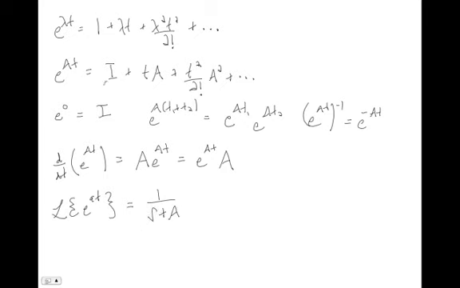Well, if we do a term by term Laplace transform of this matrix exponential e to the At, where A is an n by n matrix, we'll find that it ends up being equal to (sI minus A) inverse, which is the matrix equivalent of this 1 over s plus a. Excuse me, this should have been a lowercase a. So this is the matrix equivalent of the scalar equation you're so familiar with. But again, it just falls out of doing the Laplace transform term by term.